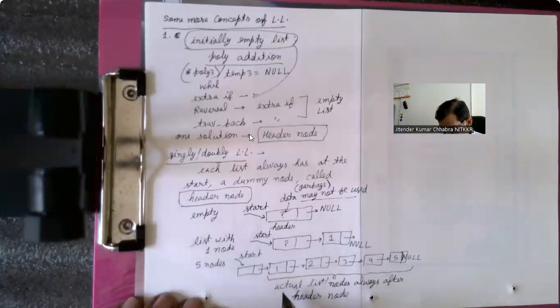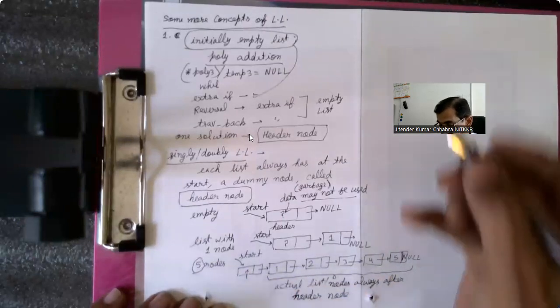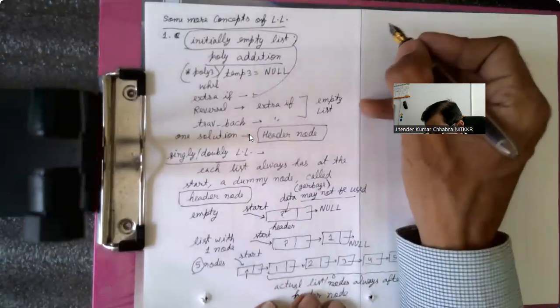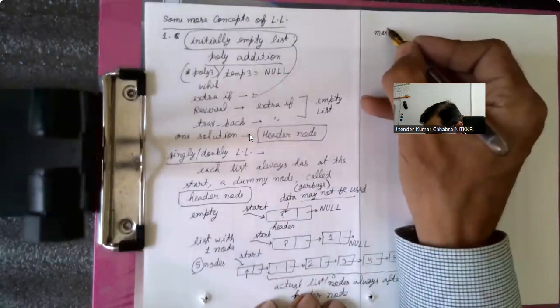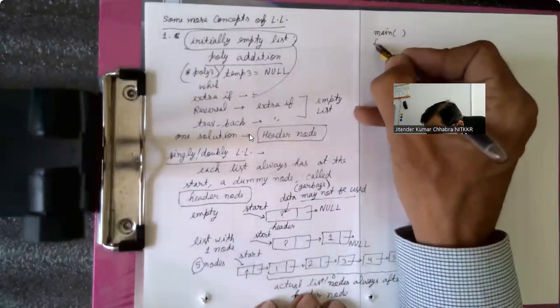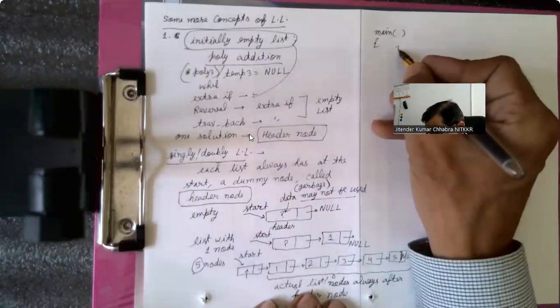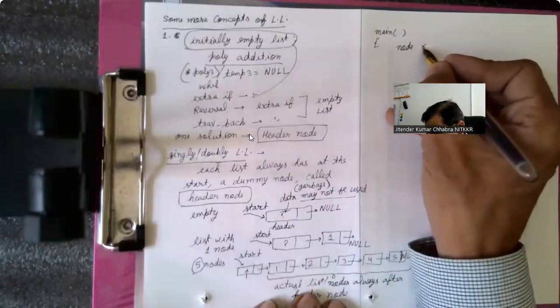That actually means that in this case, I will say the list has actually 5 nodes, but the header node is extra and it is not counted. That indirectly means whenever you declare any list, you will ensure it has one header node always.